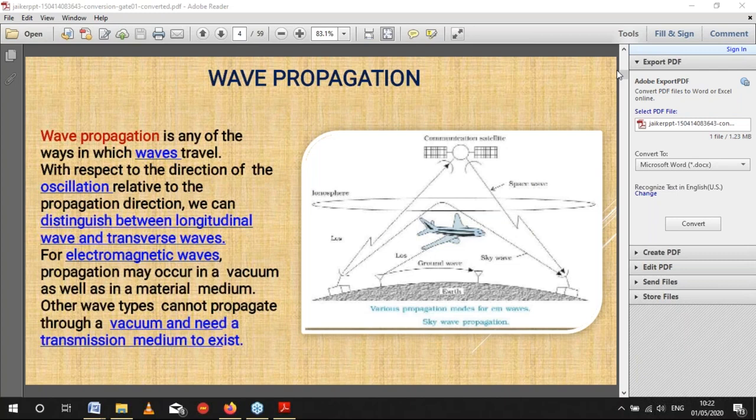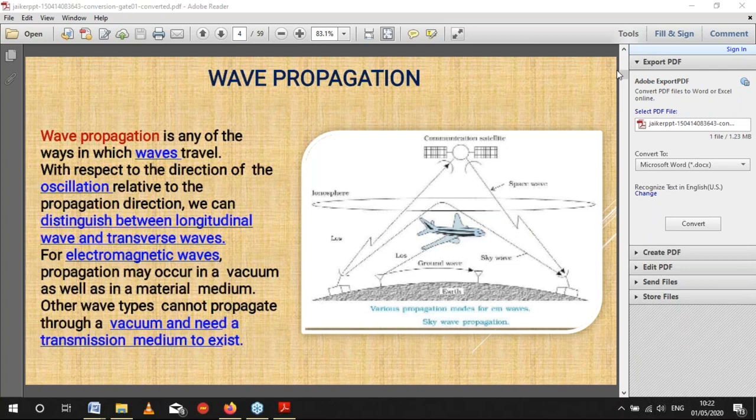Ground wave propagation is a method of radio frequency propagation that uses the area between the surface of the Earth and the ionosphere for transmission. Ground wave propagation covers a considerable distance over the Earth's surface, particularly in the low frequency and medium frequency bands of radio.